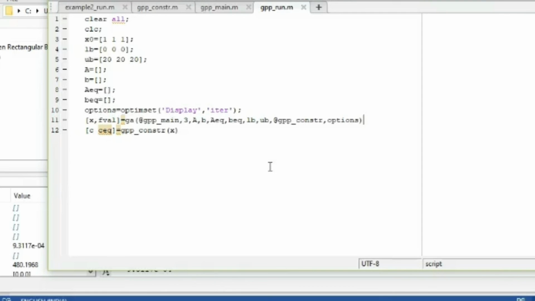I hope to some extent this is clear. Unless one practices thoroughly, it is hard to get familiar; then you won't find any difficulty in writing files for the objective function, constraints, and the run file.